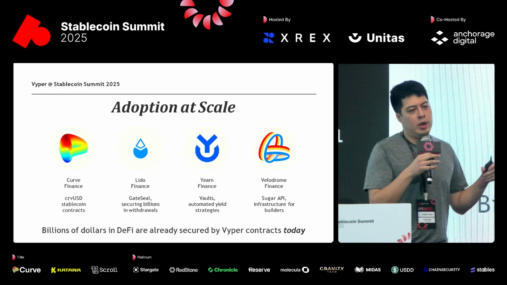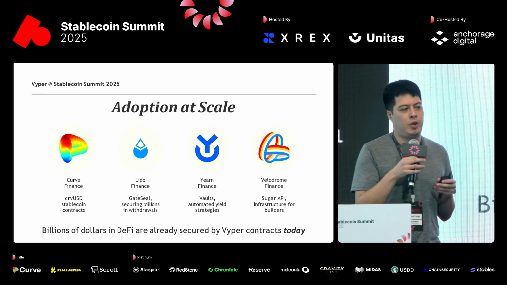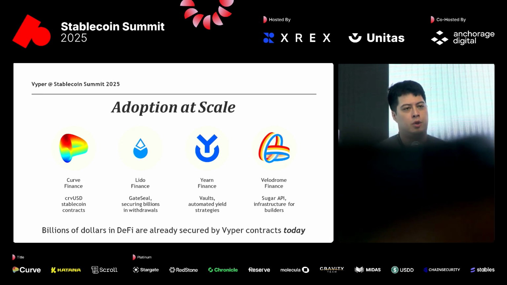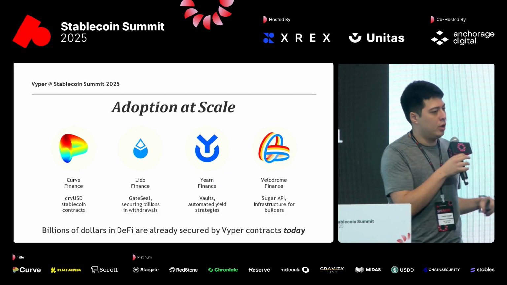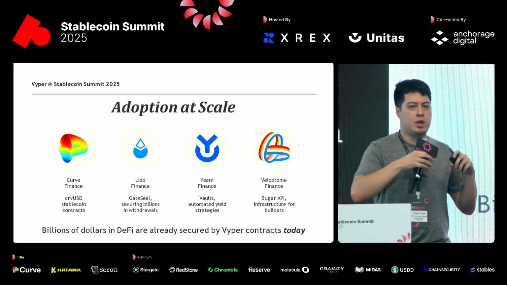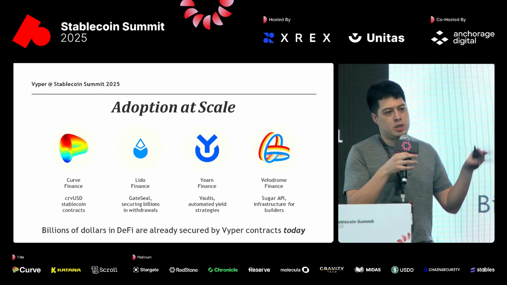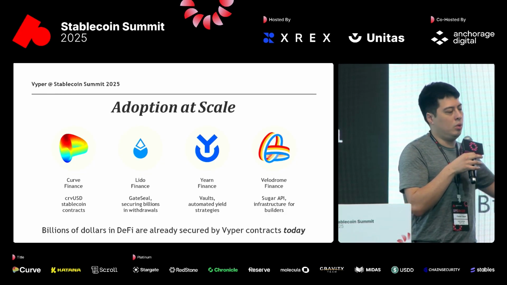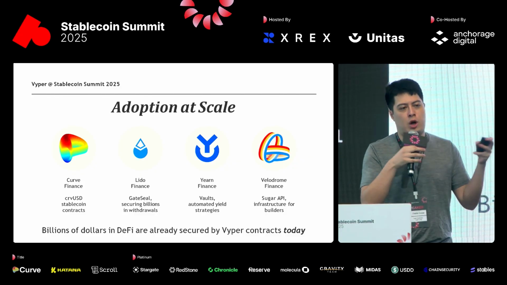With Lido, it's part of the governance system: gate seals are written in Vyper, and these are a kind of emergency shutdown system for the entire protocol. With Yearn, a lot of the vault infrastructure is written in Vyper, so this is on-chain infrastructure. And then with Sugar, this is on-chain infrastructure for off-chain querying.